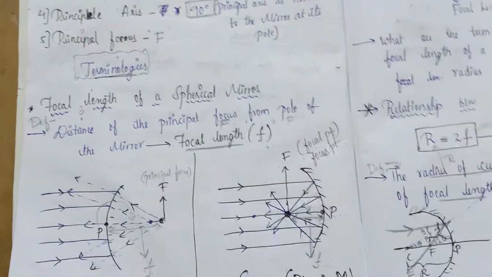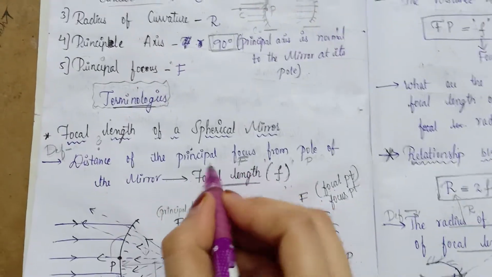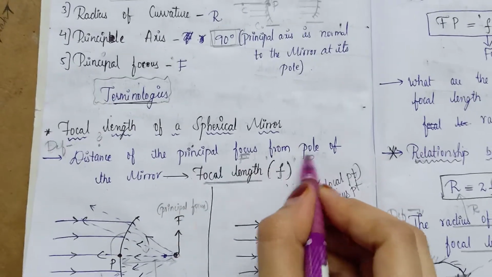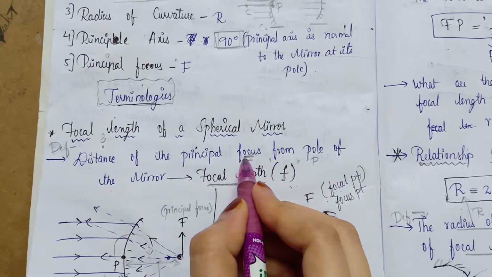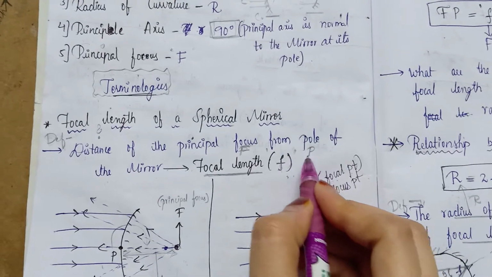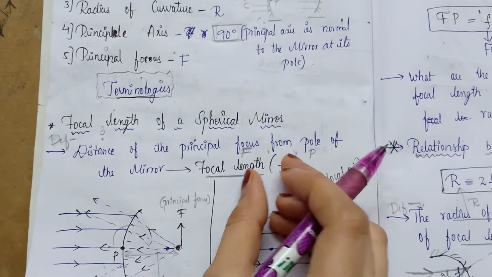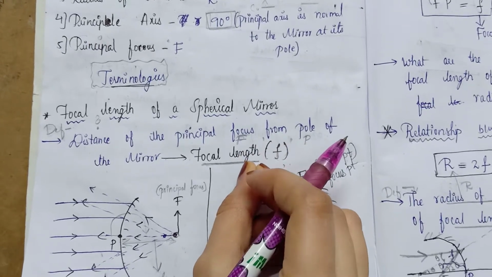The definition says it is the distance between the principal focus, represented by capital F, and the pole, represented by capital P. That distance is nothing but focal length.